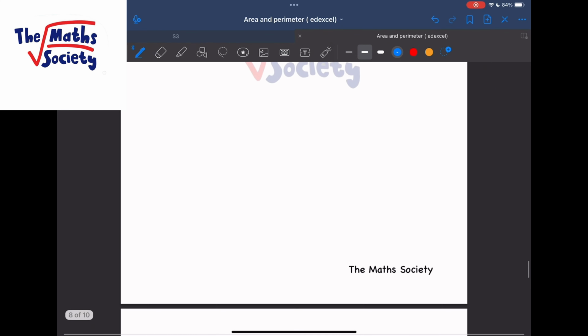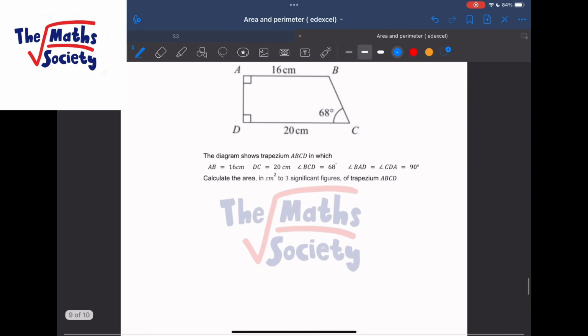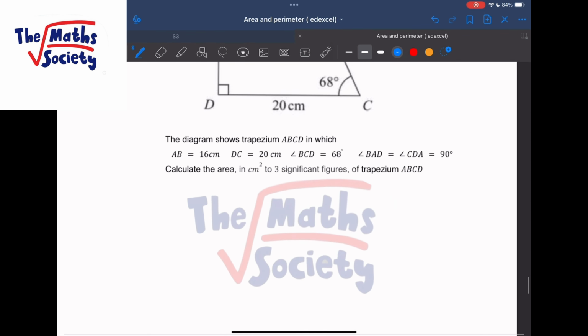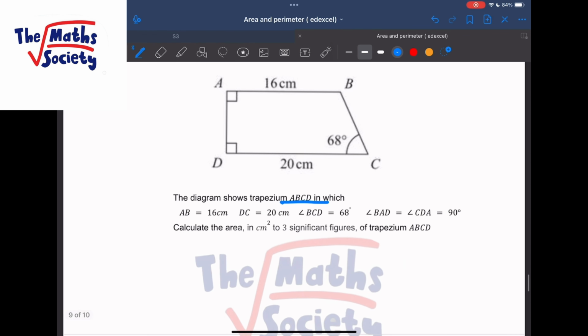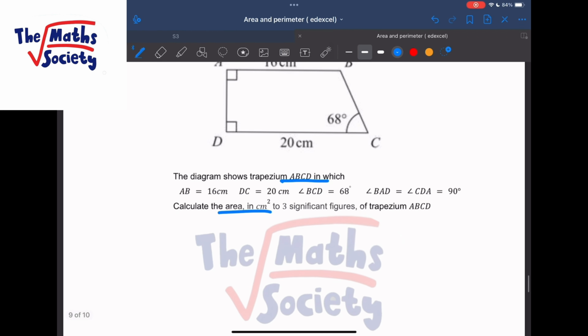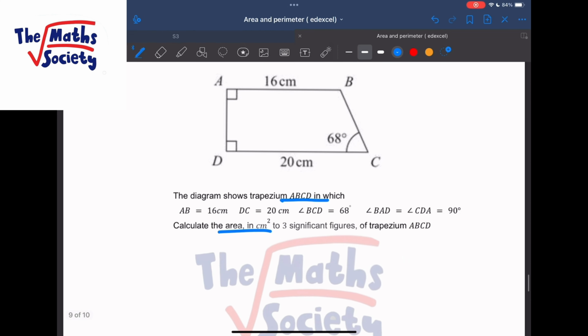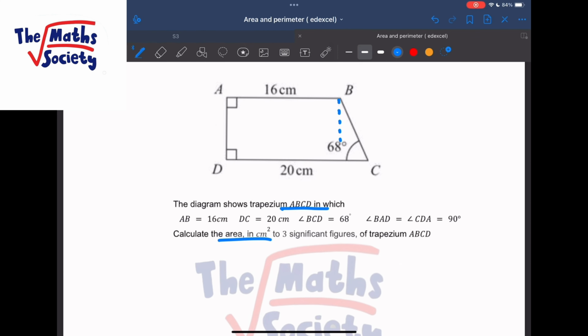Number 8 says that the diagram shows a trapezium with the lengths and everything. We just need to find the area, but first we don't know the height of the trapezium, so we need to know the height to be able to calculate the area. So we need AD.